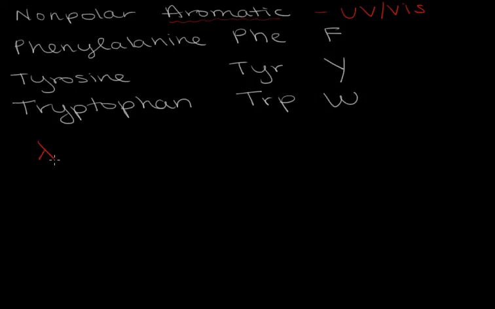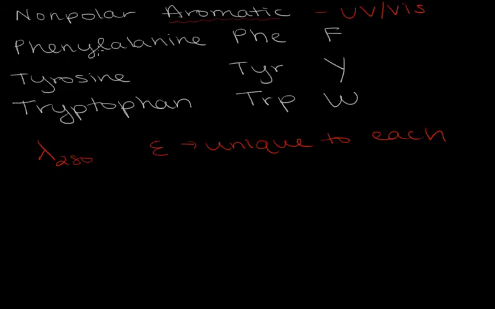So the optimum wavelength for proteins is 280 nanometers. But the extinction coefficient is unique to each, and it's based on the number of these residues, because these are the aromatics. They absorb light in the UV visible range.